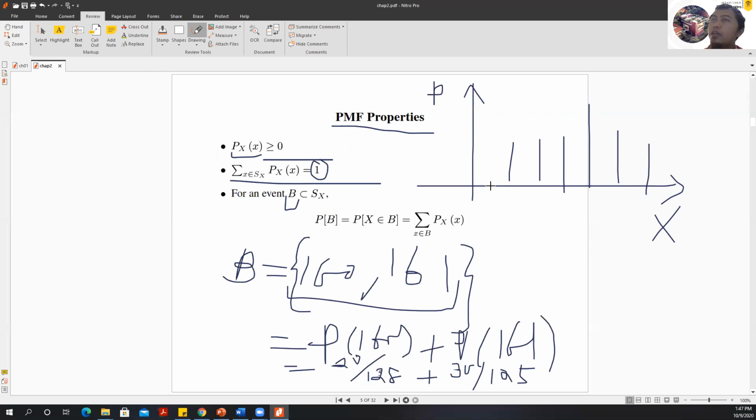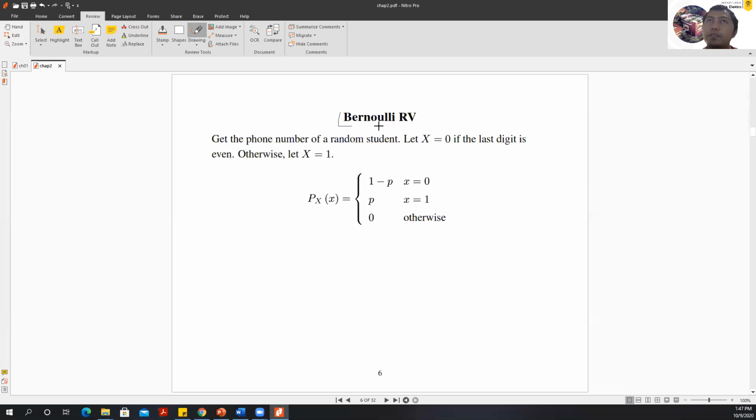We can characterize the type of distribution based on the number of elements and the pattern of the probabilities, and give it a name.